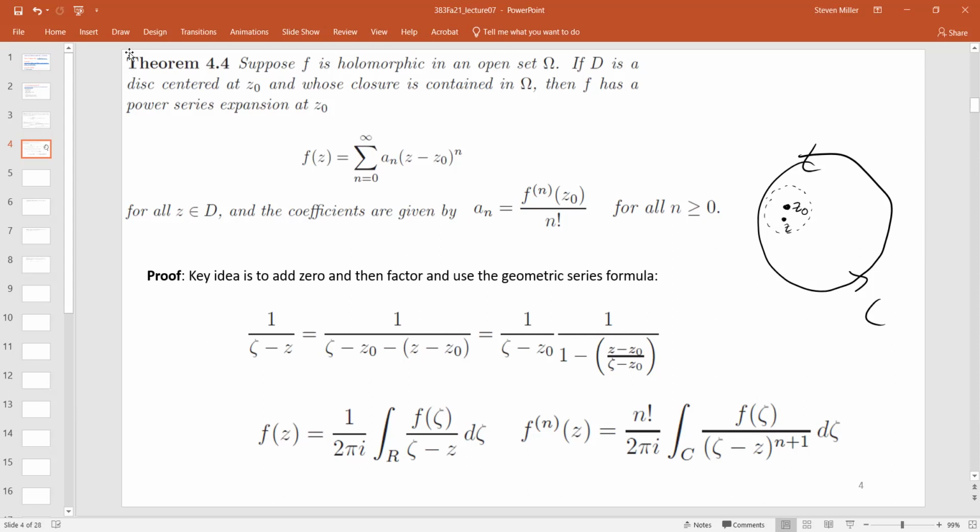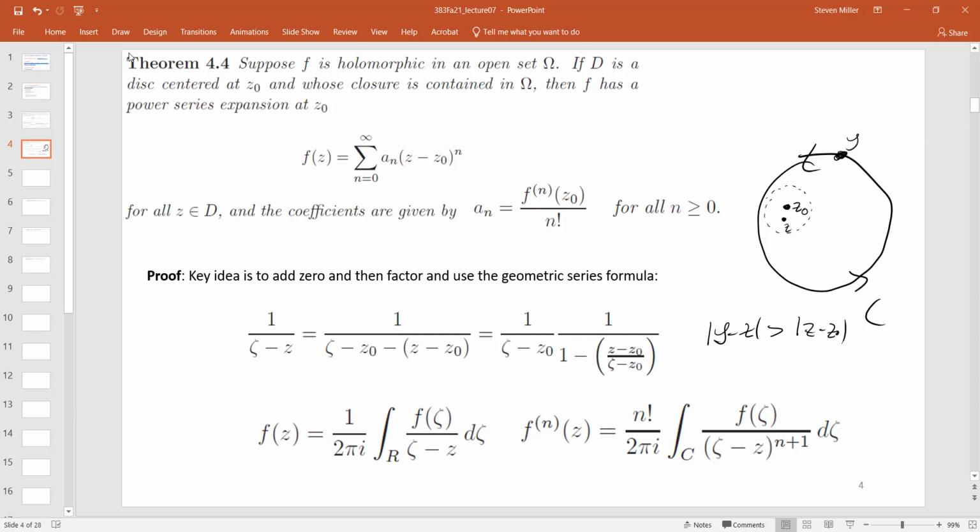In particular, z is going to be closer to z naught than any point zeta on the circle C, because we're assuming that the disk about z naught that contains z is entirely contained in the circle. So any point on the boundary of the circle has to be further away. So that means that the absolute value of zeta minus z naught is going to be greater than the absolute value of z minus z naught.